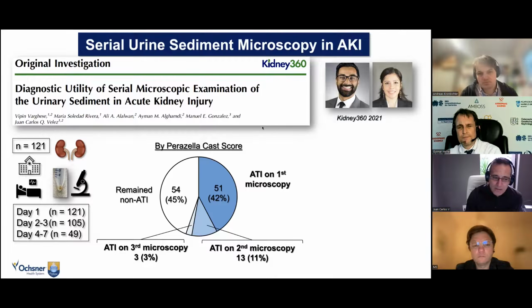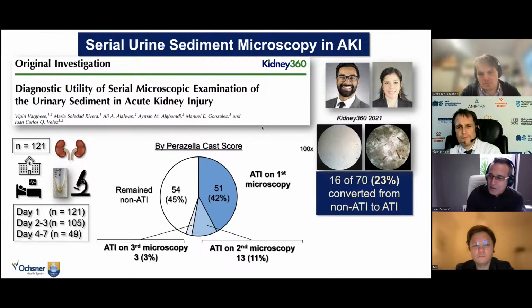And then patients underwent a second or a third microscopy, and 11% of them were found to have evidence of acute tubular injury, and even 3% at the third microscopy, which was conducted in a small fraction of patients.